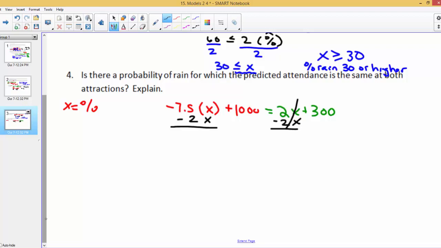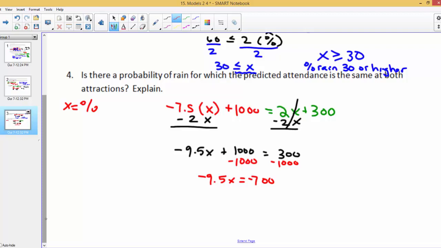So if you're following me, we have negative 9.5x plus 1,000 equals 300. And then you're going to subtract 1,000. So negative 9.5x is negative 700.